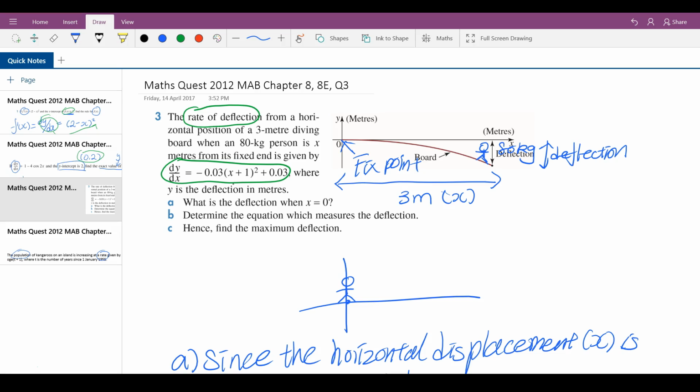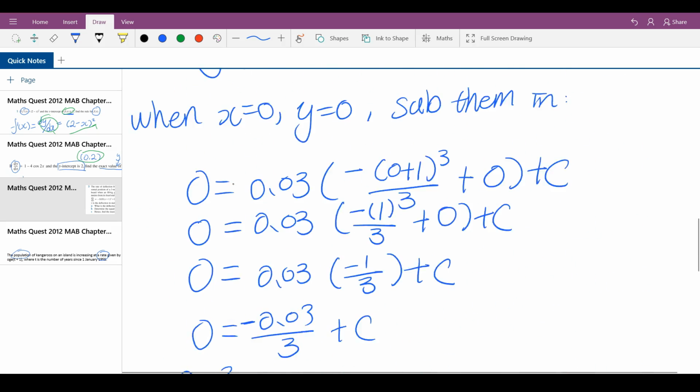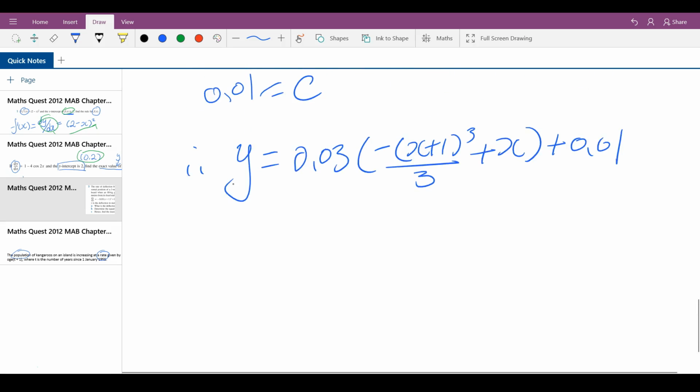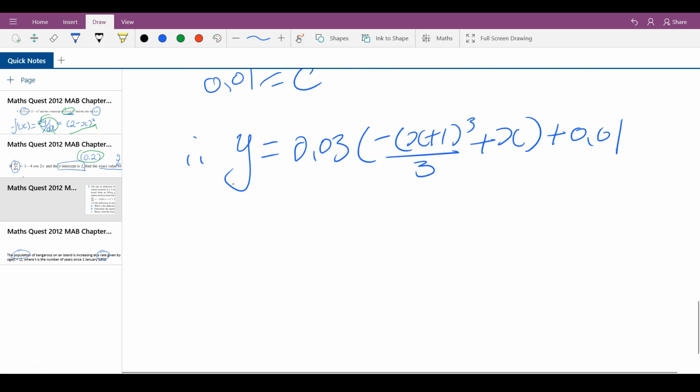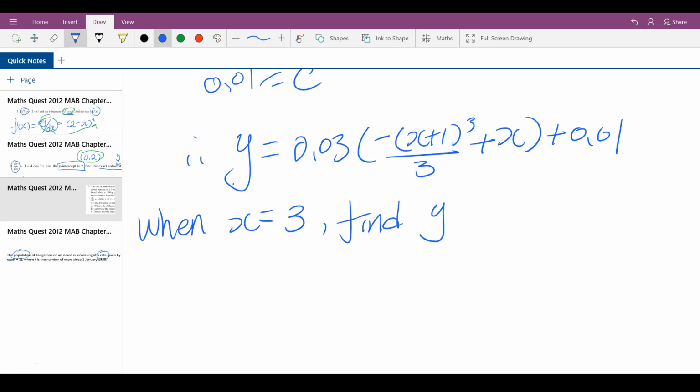Remember, the deflection is with respect to the horizontal displacement. So if you're standing on the furthest point, you will get the biggest deflection. So when x equals 3, let's see what will happen. Find y, which is the maximum deflection.